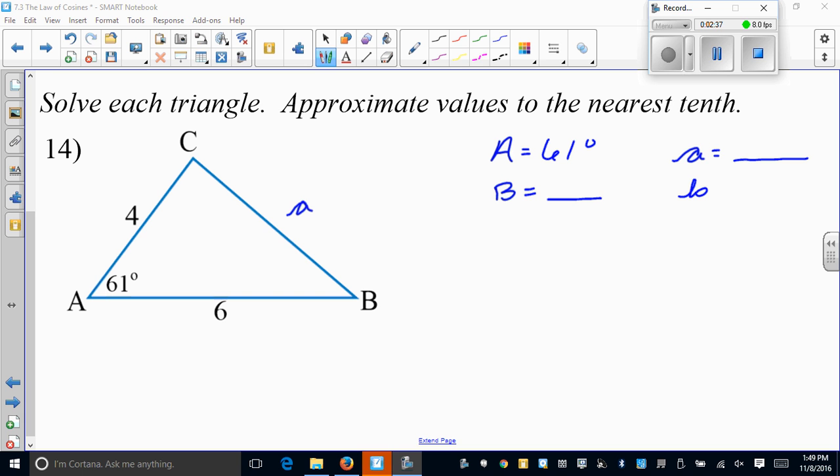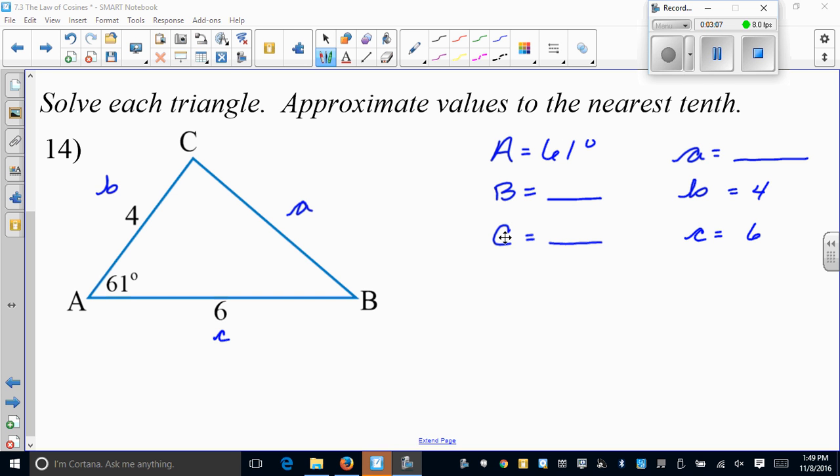Little b, this side here, equals 4. Angle C they did not give us, and little c is 6, down here. At this time, you can see that they gave you the two sides and the angle in between.